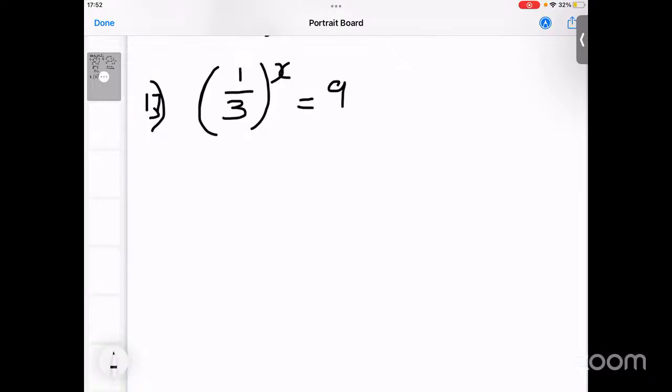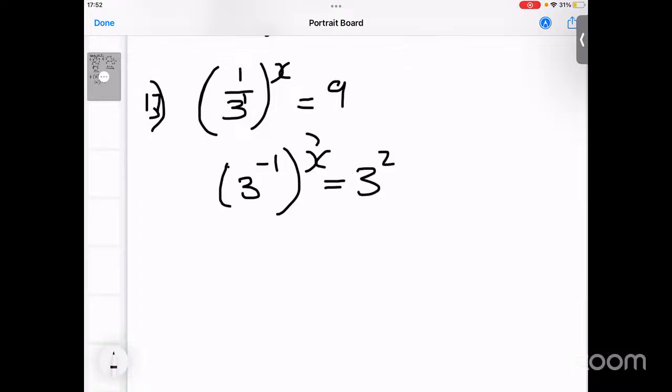Most importantly, the moment something is 1 over, just always be aware that you have an invisible 1 there. So you can just rewrite it as 3 to the exponent of negative 1. You just want to change it from being 1 over something to just being a base to the exponent of something. Just so that this 9, you know you will rewrite it as 3 squared.